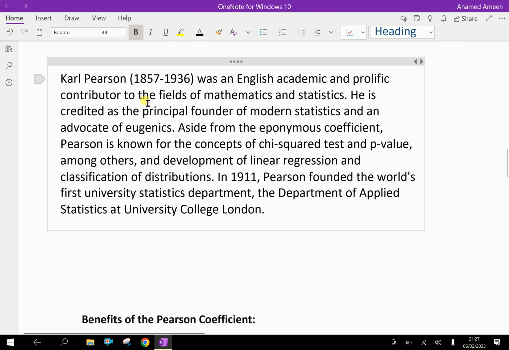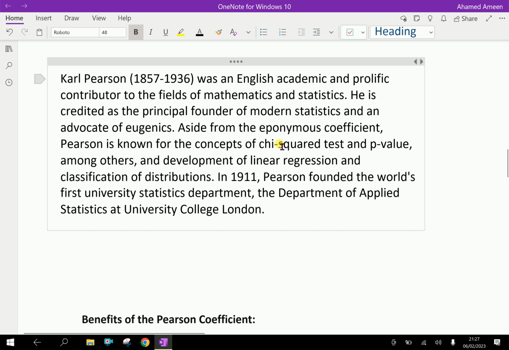Karl Pearson, about 1857 to 1936, was an English academic and prolific contributor to the field of mathematics and statistics. He is credited as the principal founder of modern statistics and an advocate of eugenics.